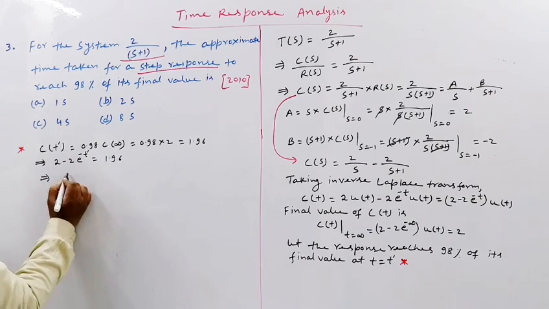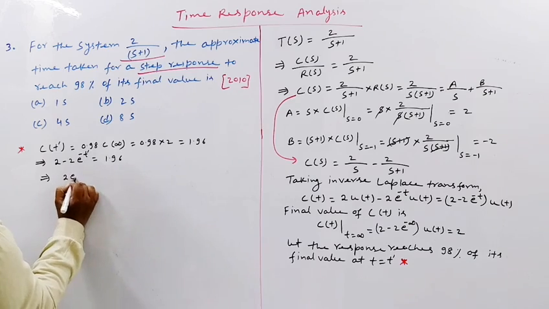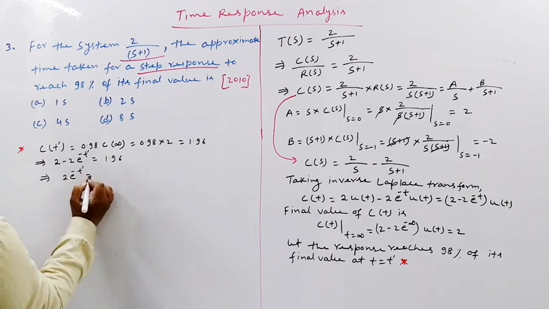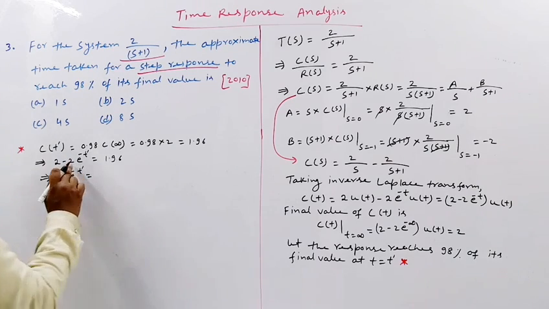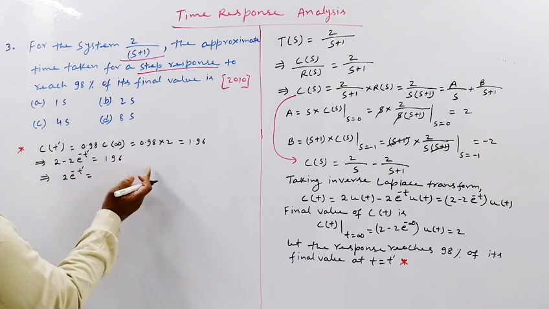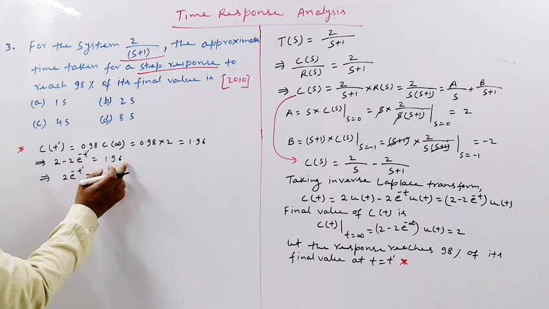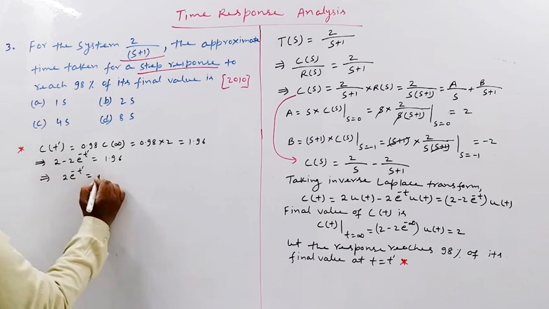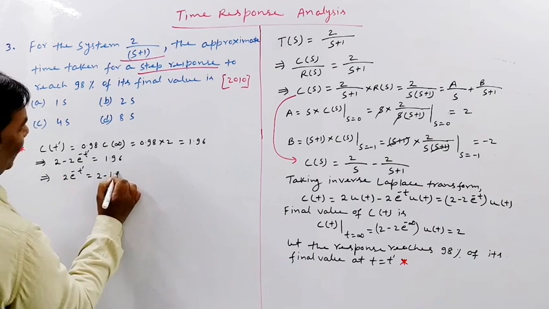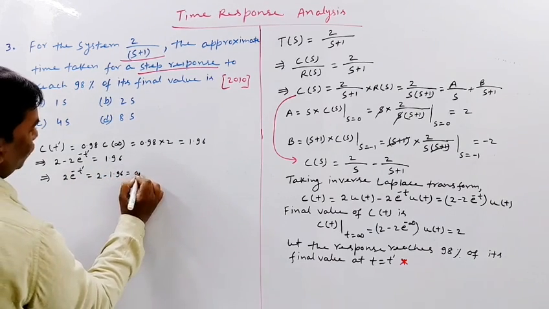So if we take 2e to the power minus t dash to the right side and 1.96 to the left side, then it will be 2 minus 1.96, and that will be equal to 0.04.